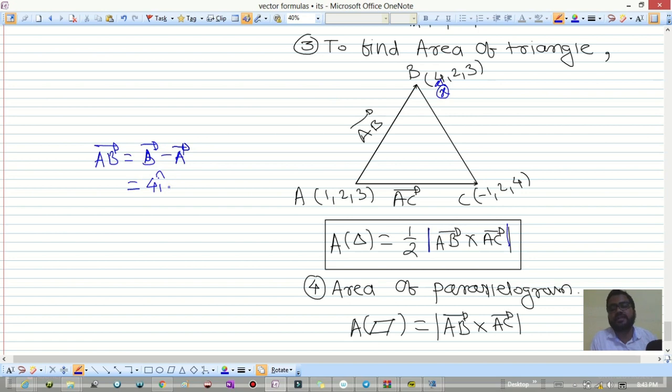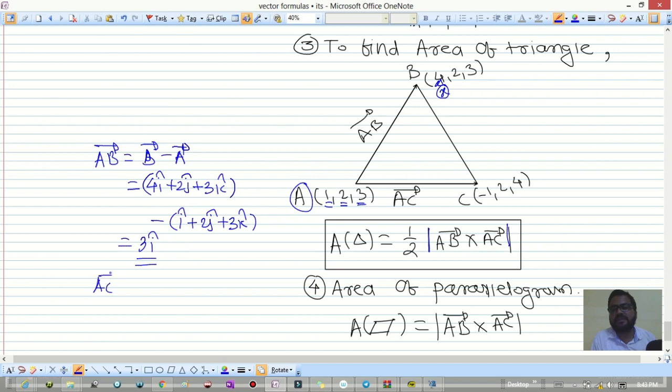So 4i hat plus 2j hat plus 3k hat minus the initial, which is i hat plus 2j hat plus 3k hat, right? So A bar we have is i hat plus 2j hat plus 3k hat. So we have 3i hat, 4i minus i is 3i hat, 2j cancel, 3k cancel. So AB bar is 3i hat.